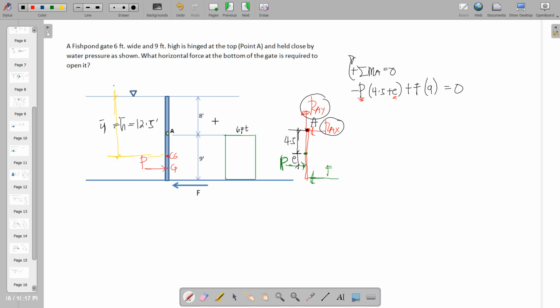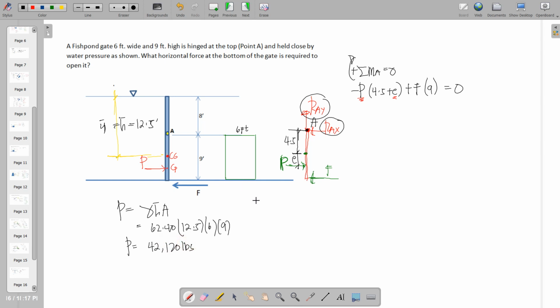Okay, so with that, we can now proceed to our P equals gamma H bar A, and then our gamma is 62.4 and the H bar is 12.5 times 6 by 9. So therefore, P will be equal to 42,120 pounds.